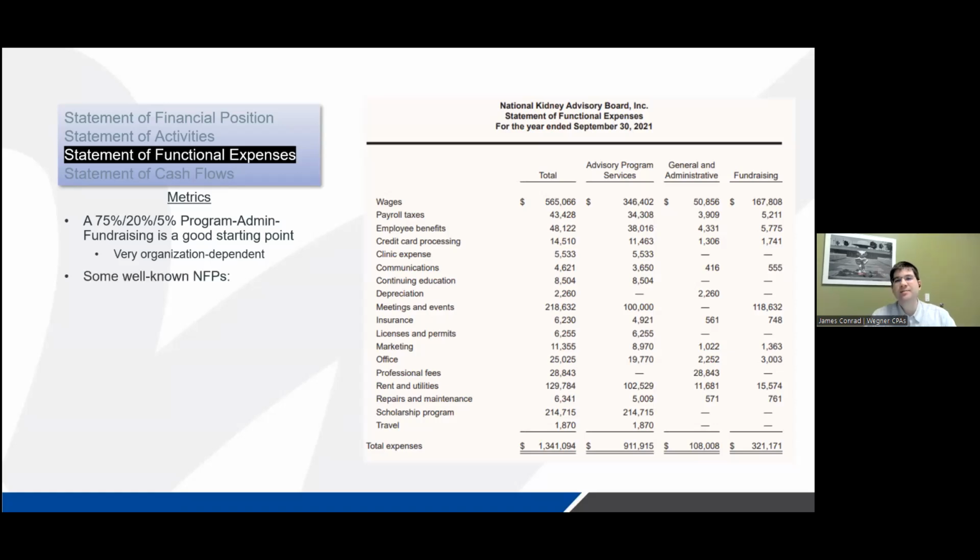So I did pull some information from the latest 990s of a couple of famous nonprofits. I started with the Red Cross. Red Cross is very program based. They have 90% program to 3% admin to 7% fundraising. So very, very programmatic.